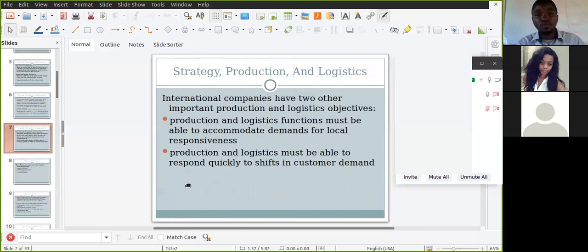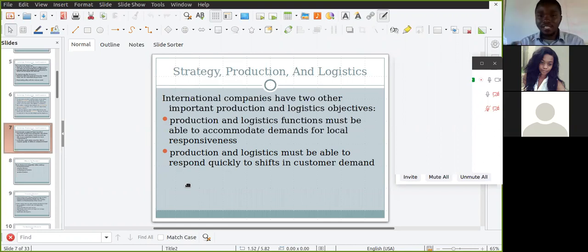International companies have two other important production and logistics objectives. Number one, production and logistics functions must be able to accommodate demands for local responsiveness. So when you look at this point, it simply means that any changes in demand, if demand increases, if demand reduces, those are the responsiveness, which are referred to as elasticities at the end of the day.